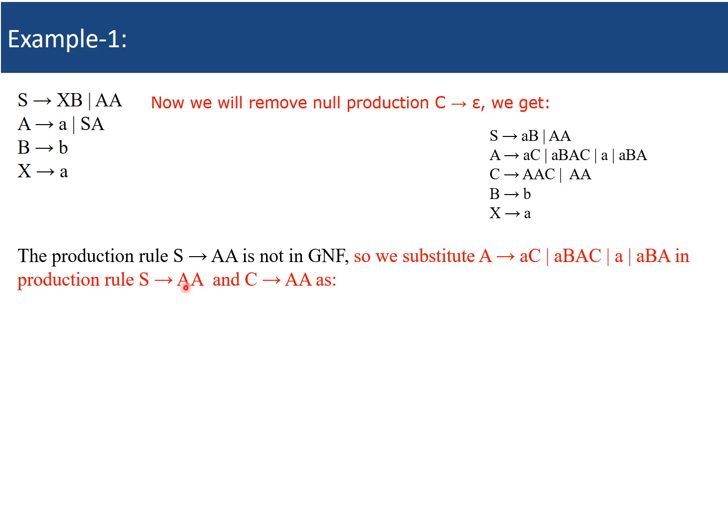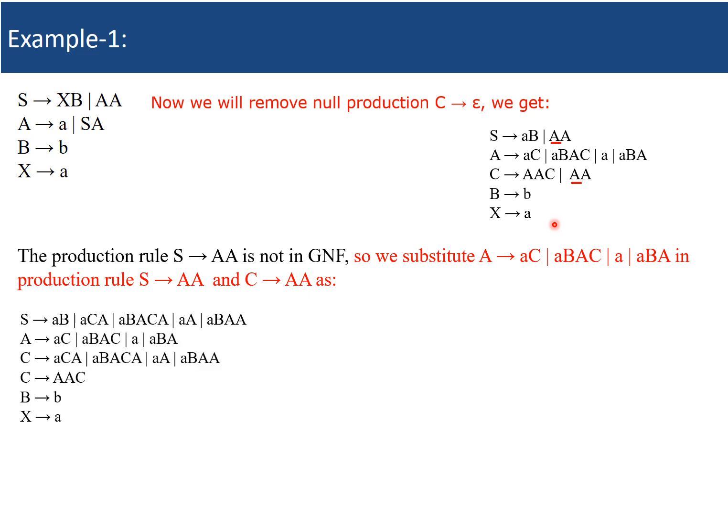So only S gives AA and C gives AA are not in GNF. Substitute the A production in these two rules, then you can get like this. I underline this to replace by the A production. This A is replaced by the entire A production, and this A is again replaced by the entire A production. You will get like this.